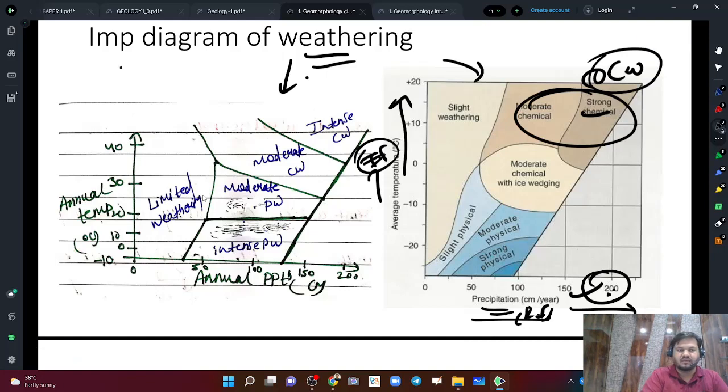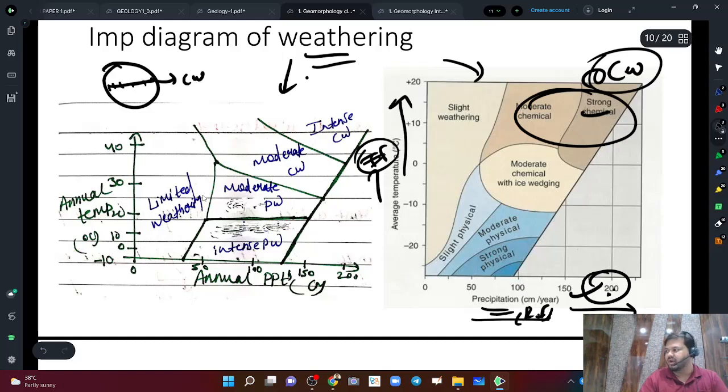Right. So you can draw this in this diagram also. So at the equator areas, you will have more chemical weathering. I'm not saying that there will not be any physical weathering, but chemical weathering dominates, right? And in the areas which have relatively lower precipitation and lower temperature, what are these areas?